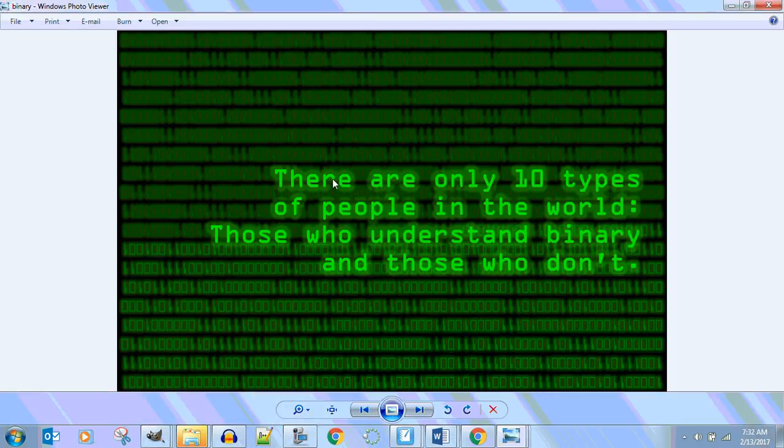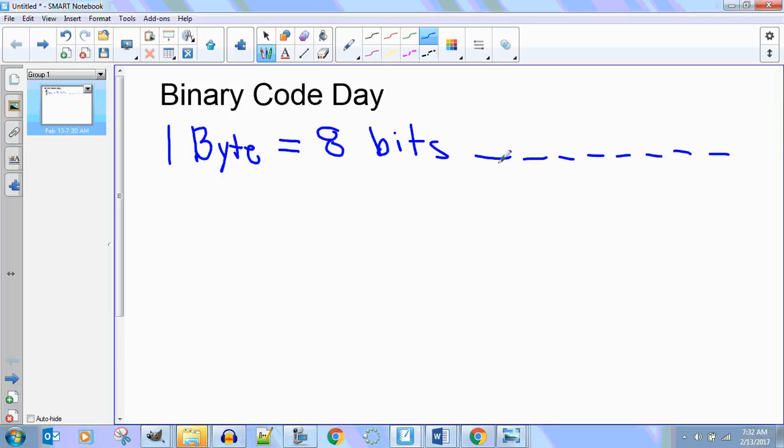Are you with me? See all these ones and zeros? So 8 bits, 8 little dashes that contain ones and zeros, is equal to 1 byte. Who's okay with that? Write that down. Okay. Not mind-blowing yet.